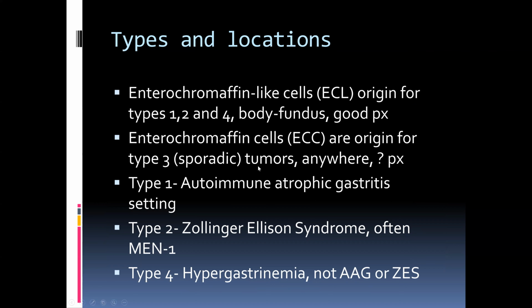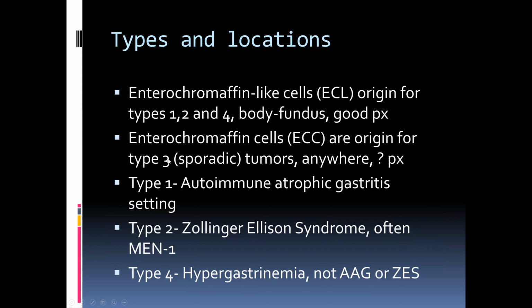So in the stomach, we have enterochromaffin-like cells, the ECLs, which tend to be the origins for types 1, 2, and 4. And we'll cover these types in just a minute. These tend to occur in the body or fundus and generally have a good prognosis. The enterochromaffin cells, the ECC cells, are the origin for type 3, the more sporadic and more common tumors, which can occur just about anywhere and have quite a variable prognosis.